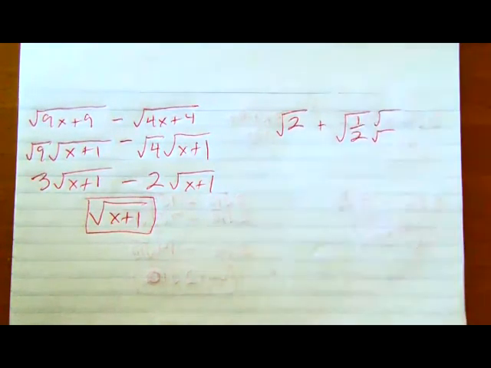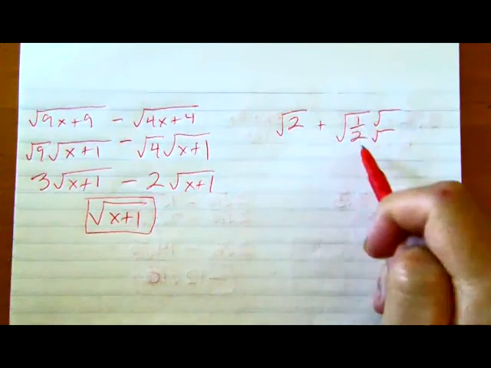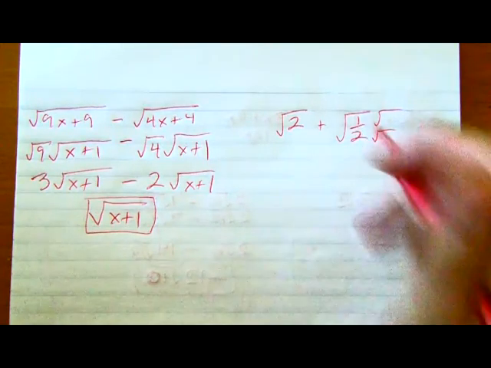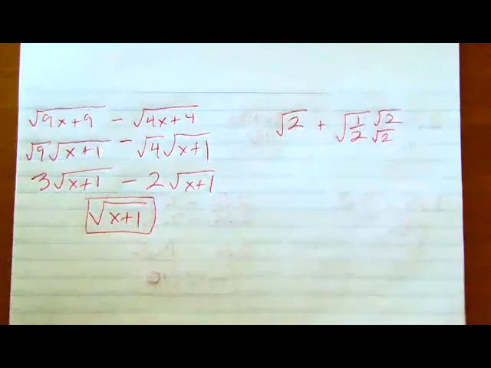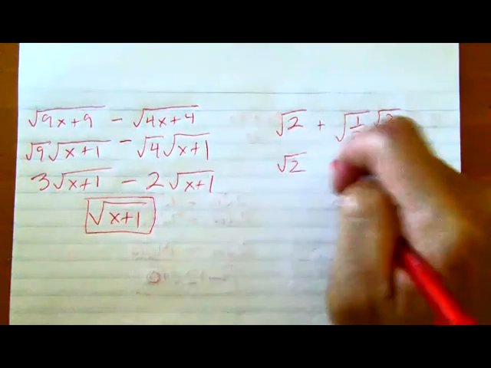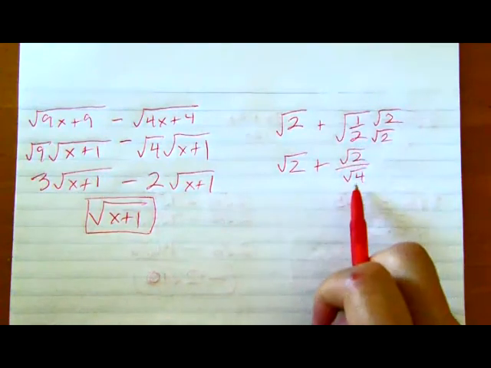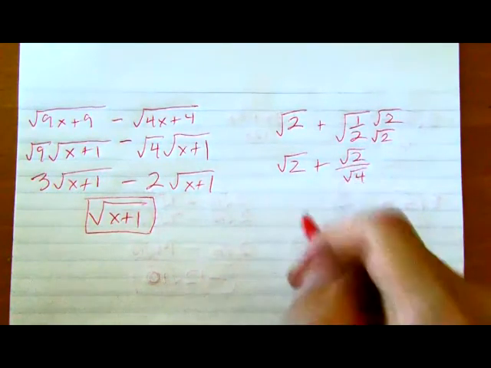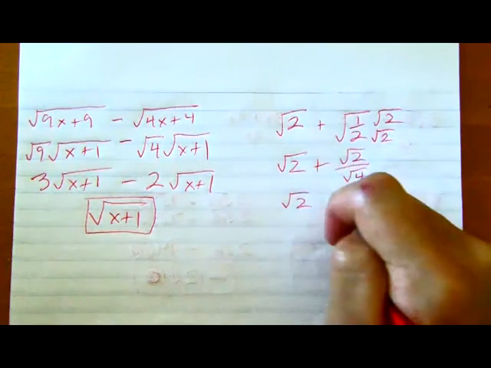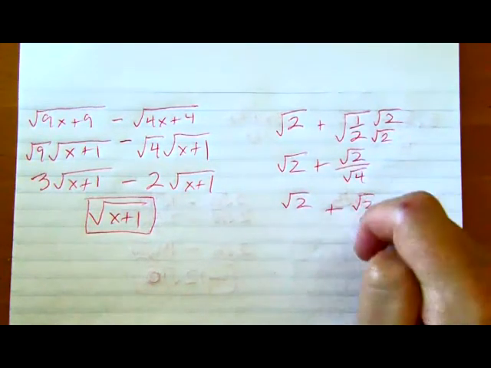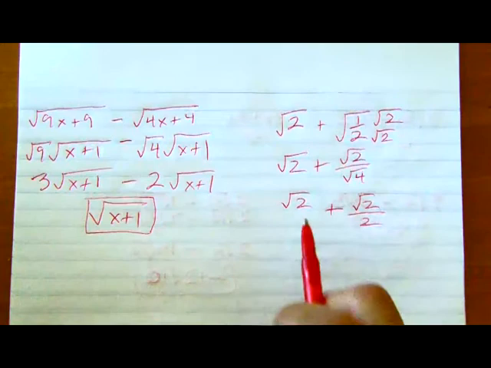We need to multiply by something so that we rationalize the denominator. 2 works. So I have radical 2 plus radical 2 over radical 4. Now we can square root the 4. Radical 2 over 2.